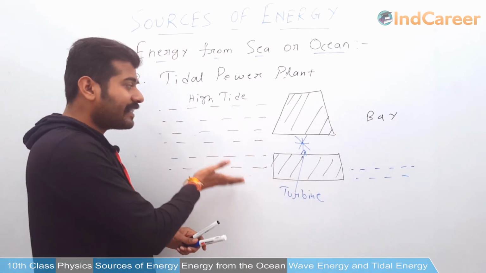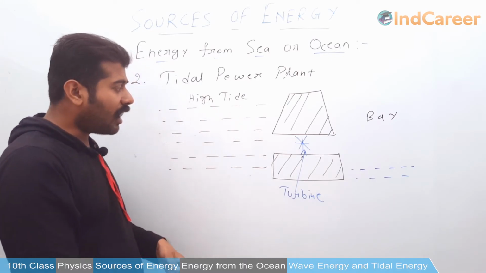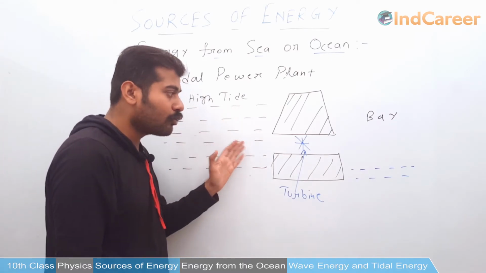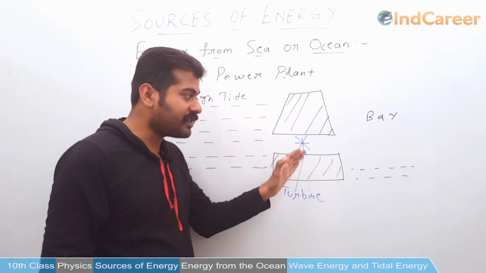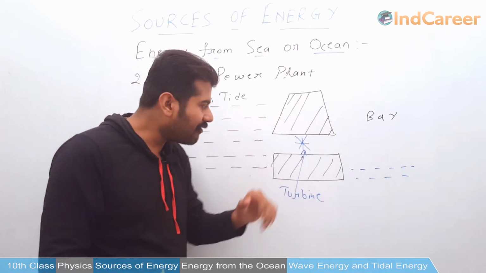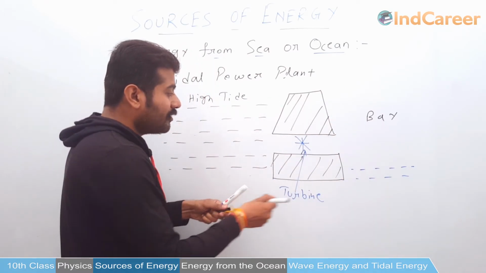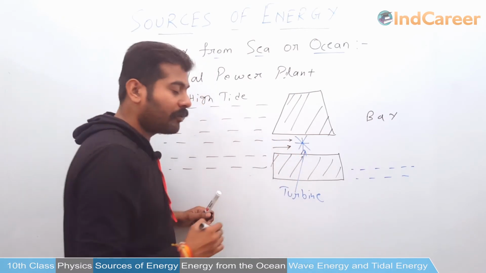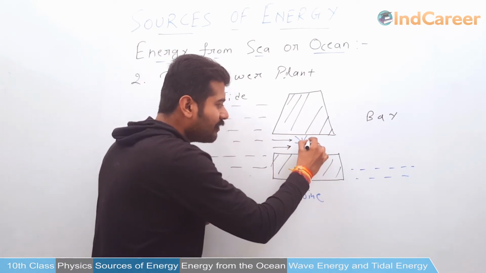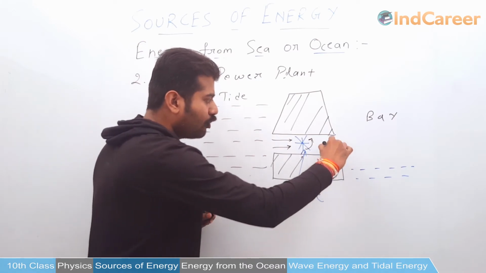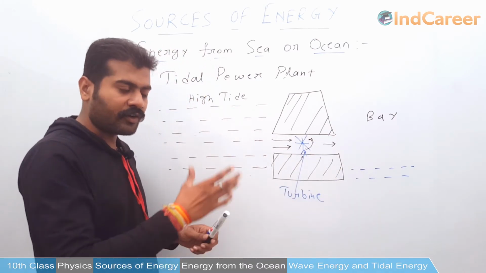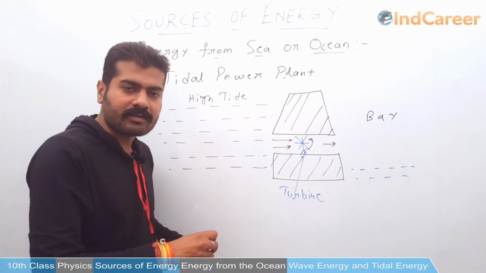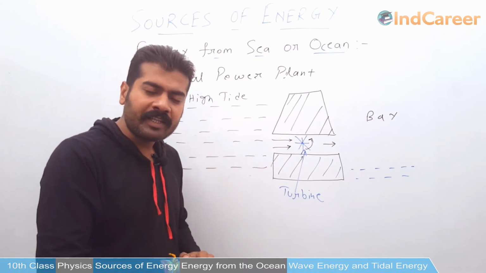Now when the high tide is there in the sea, the water is allowed to go through the passage to the other side, and when the water flows through this passage, the turbine wheels will rotate. So as the turbine rotates, the generator rotates, and when the generator rotates, electricity will be produced.